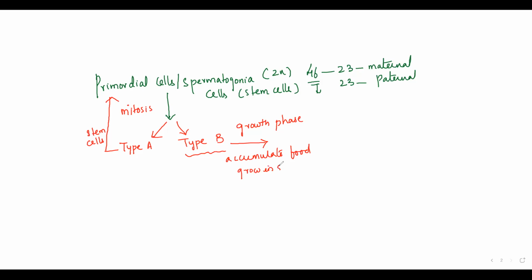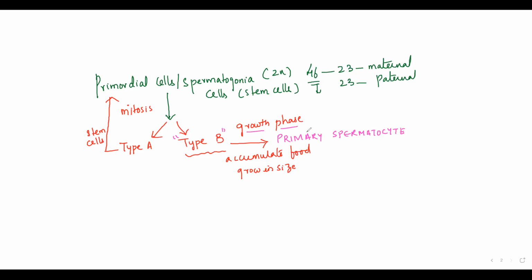Now these will be called primary spermatocytes. So undergoing the growth phase, they have converted into primary spermatocytes, and that is only the type B cells. This is important.